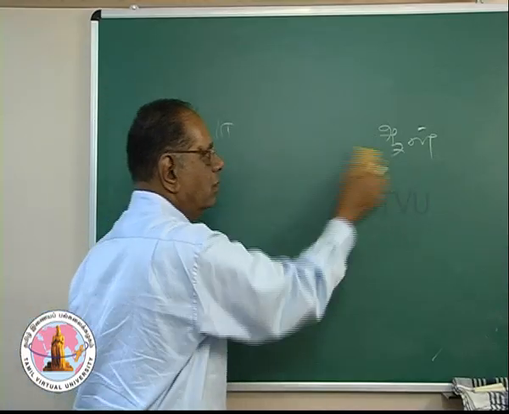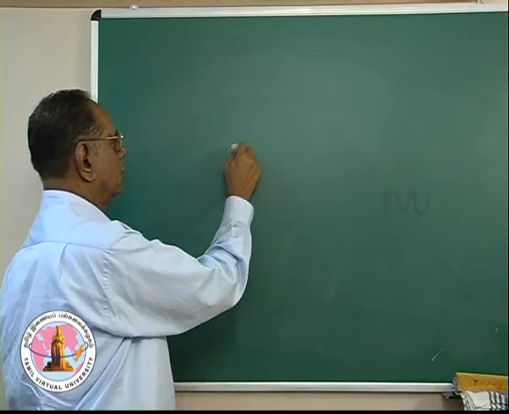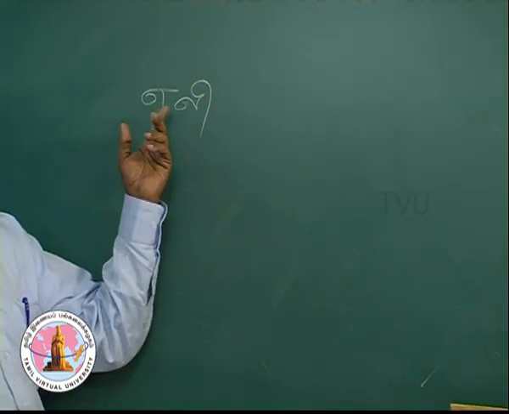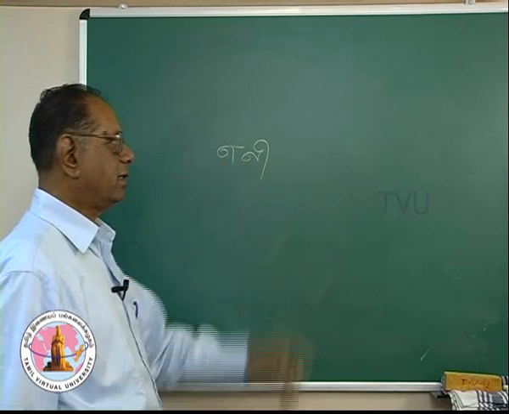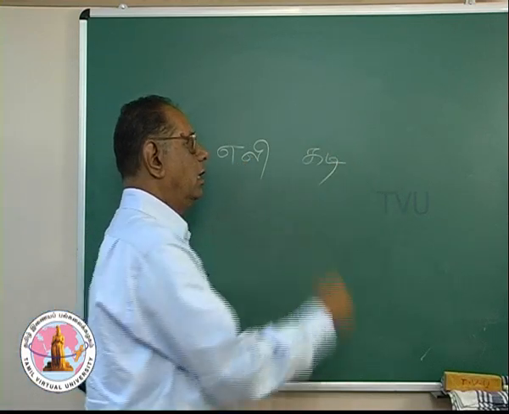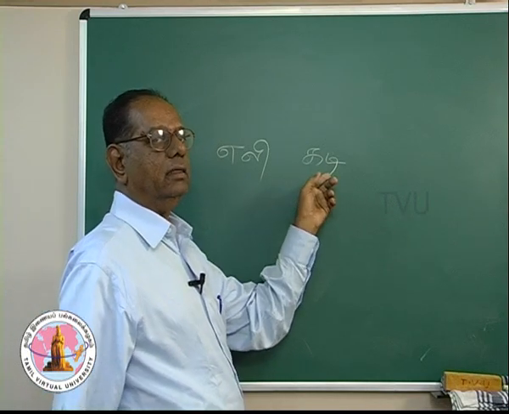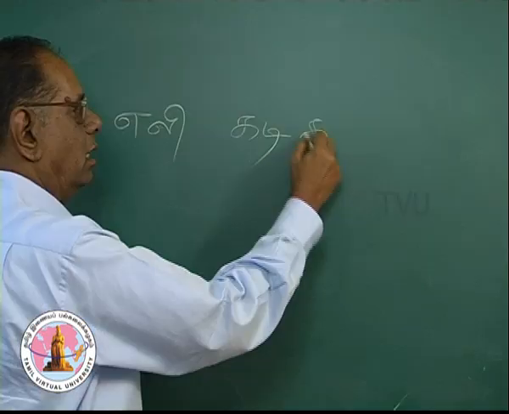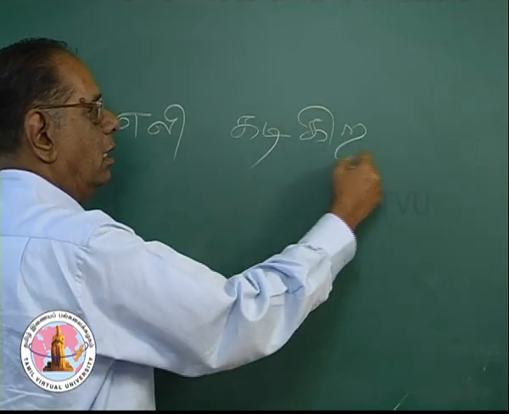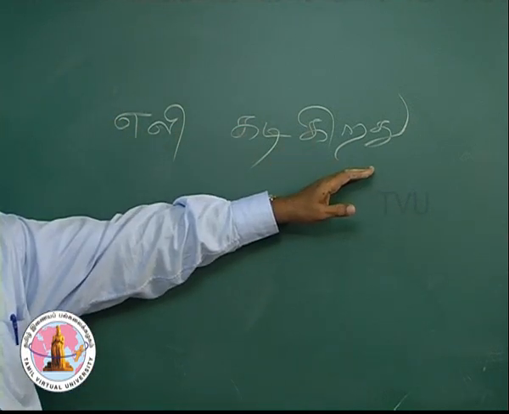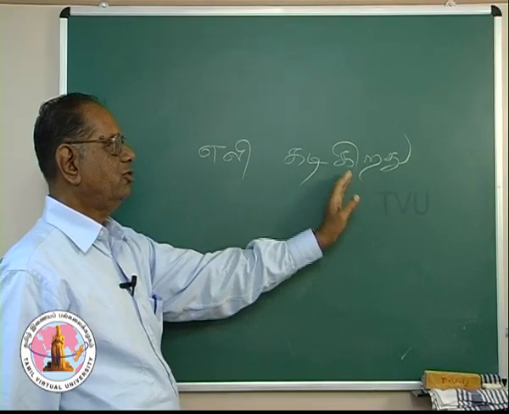Let us have one more example. A rat. Kadi is to bite. I have included the personal suffix with the tense marker.